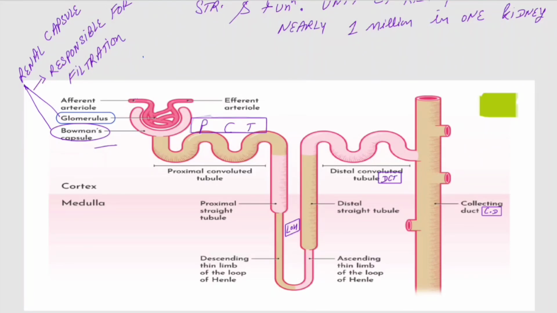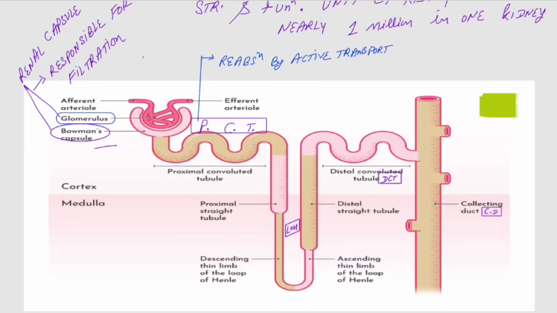It's all about PCT, proximal convoluted tubule. Reabsorption by active transport. Maximum reabsorption happens here: 70 to 80% of electrolytes and water are reabsorbed.